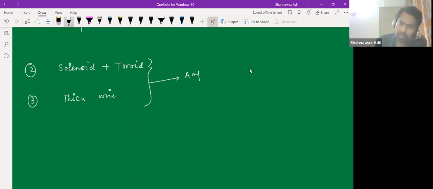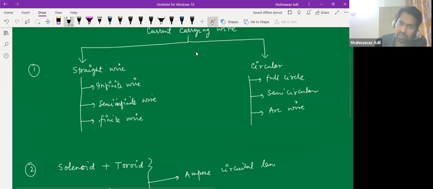For these two, we used Ampere circuital law, and for all these ones, right? So this is what we studied in this chapter.